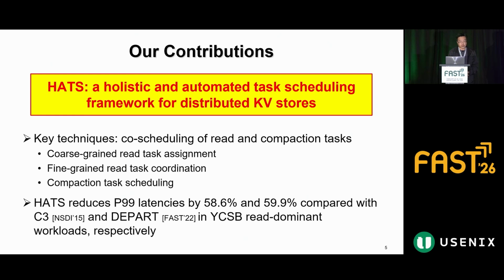We designed a system called HAS, a holistic and automated task scheduling framework for distributed LSM-tree key value stores. And the main idea is to co-schedule the read and compaction tasks. So HAS introduces 3 techniques: coarse-grained read task assignment, fine-grained read task coordination, and also compaction task scheduling.